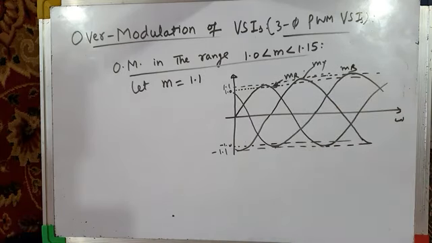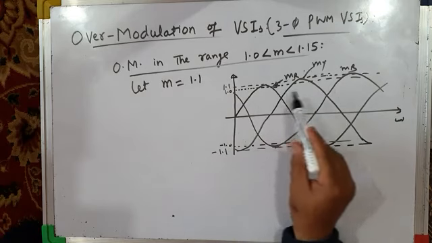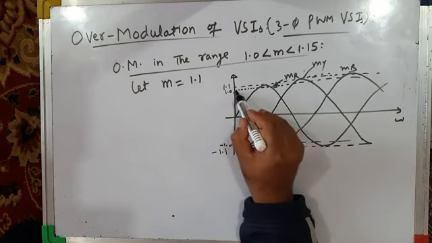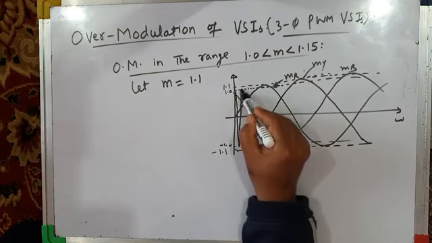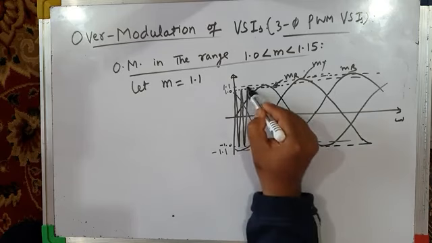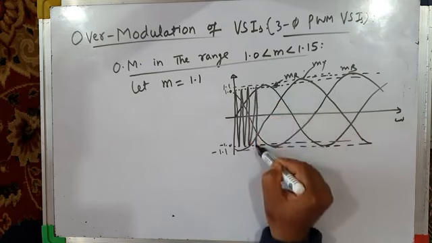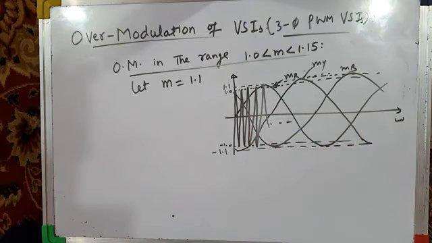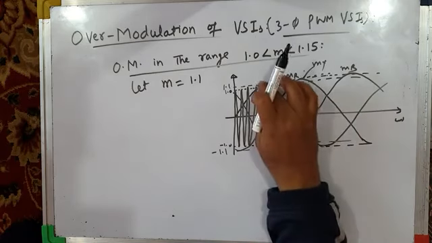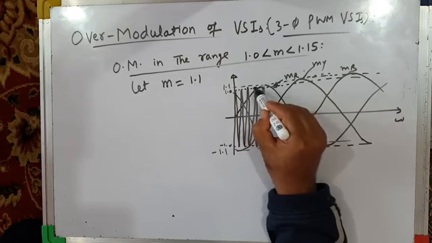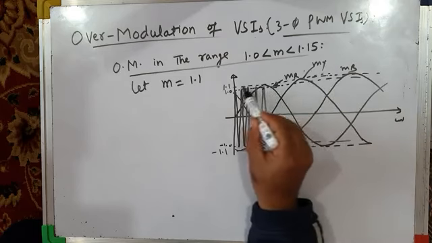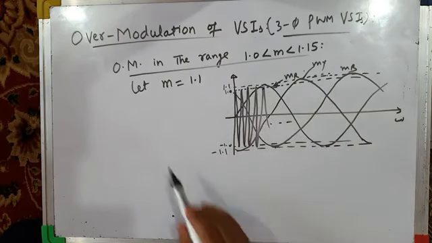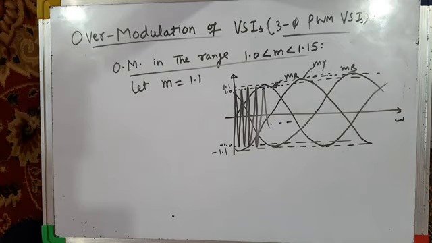So these are our three sinusoidal modulating waves, MR, MY, and MB. They are compared with high frequency triangular carrier wave like this. You can see that the triangular carrier wave has a peak value of 1 only, but the peak of modulating reference waves MR, MY, MB are slightly greater, 1.1. So this is over-modulation, right?